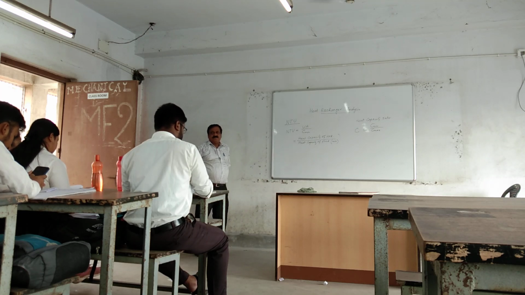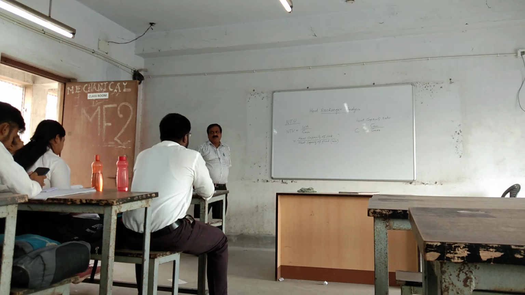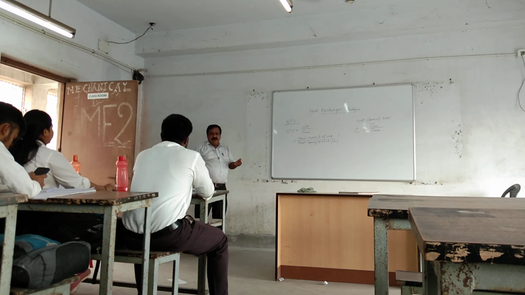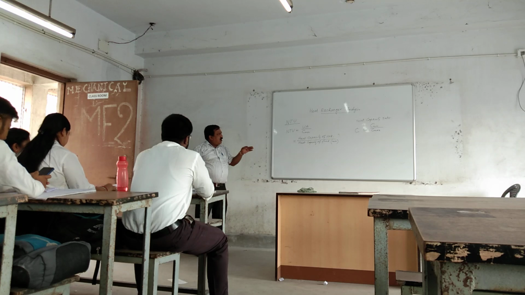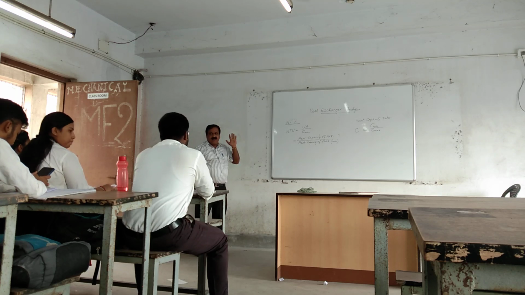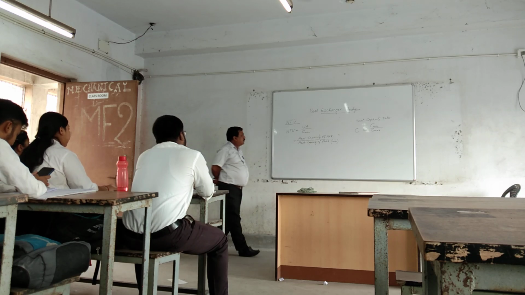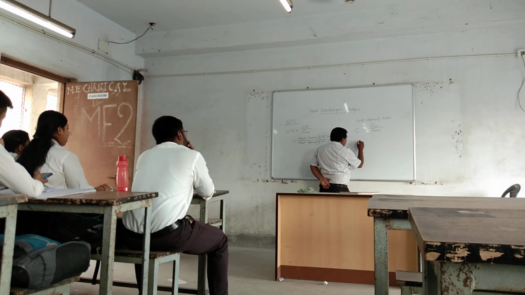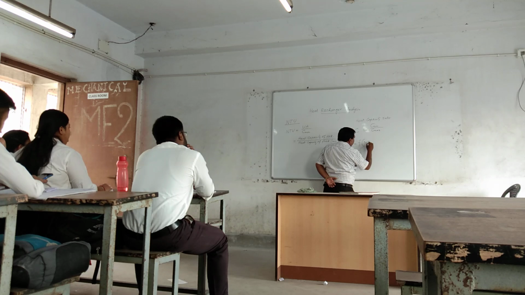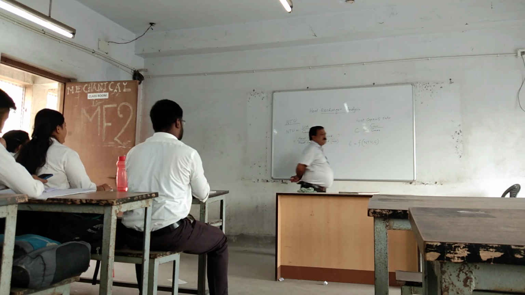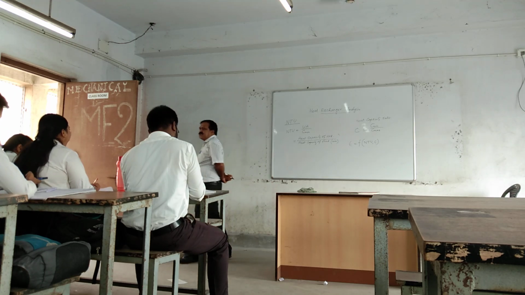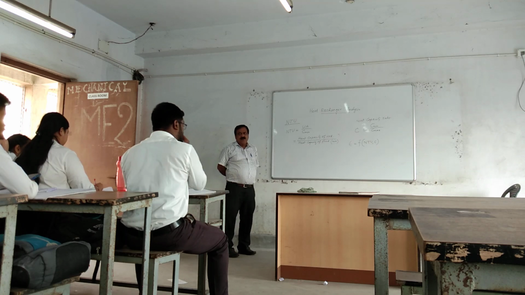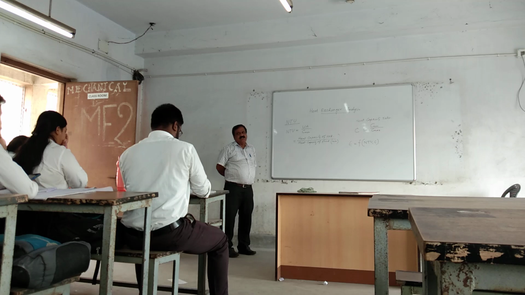We have two fluids, one cold and another hot. So of these fluids, one will have the minimum heat capacity rate and the other the maximum. So the ratio of C minimum by C maximum is known as the heat capacity ratio. Clear? And we will prove that the effectiveness epsilon of any heat exchanger is a function of NTU and C, the number of transfer units and the heat capacity ratio.